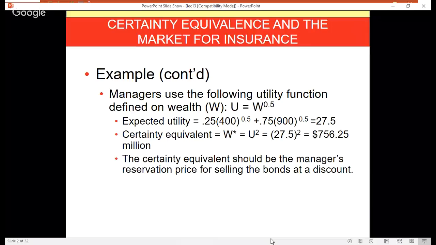Now the expected value of this bond was 775 million, but the value to this person is 756 million in 2025. In other words, if I paid him that amount, he would sell me the bond instead of taking the risk of losing the 400. So the certainty equivalent should be the manager's reservation price for selling the bond. If you offered him that, he'd sell you the bond.